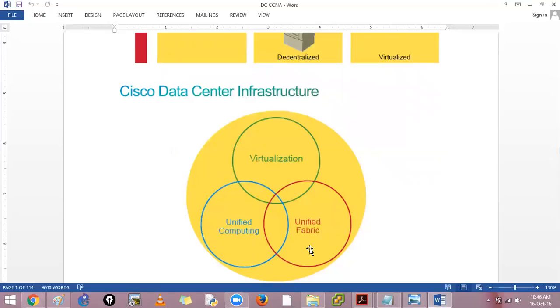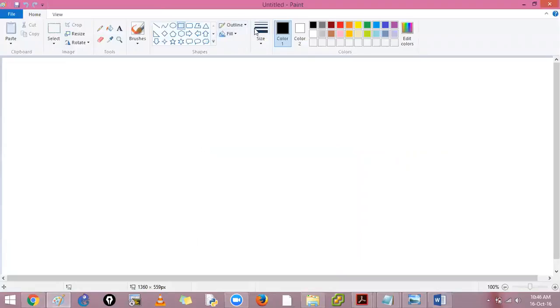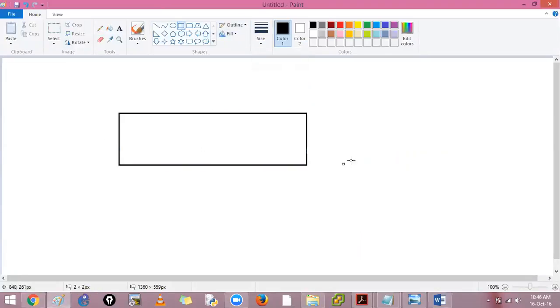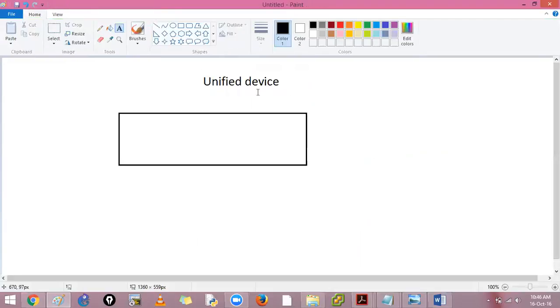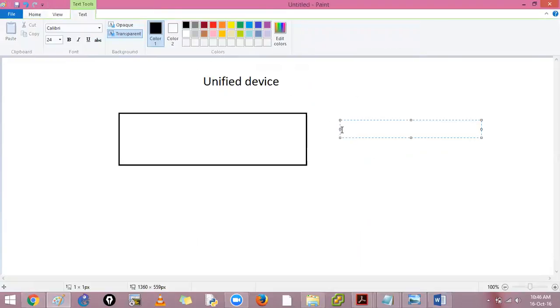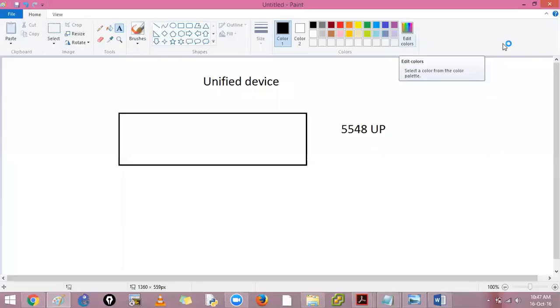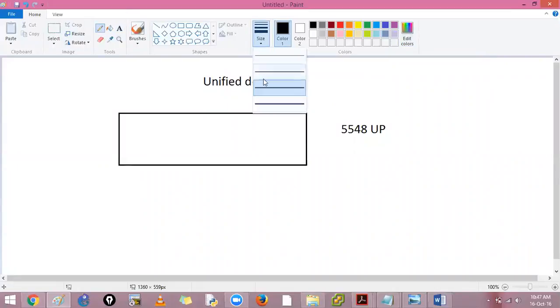So for example, if I give you a switch of this kind, and I say this is a unified switch, unified switch means what? Unified device. Assuming that this is your 5500 device, if I say this is Cisco's 5548 series UP switch, unified ports, this 5500 series device is capable of supporting both.